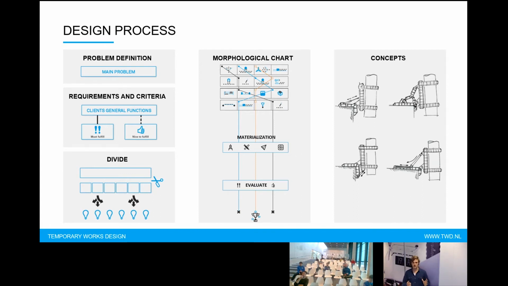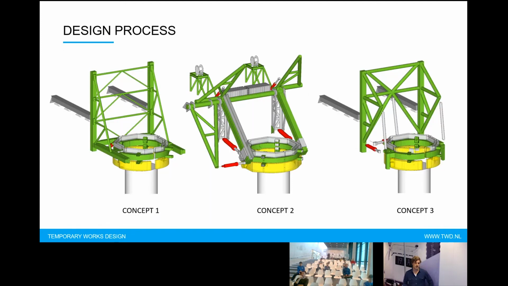So there is a lot of different sub-problems that are tackled. And in order to come to the best solution, we always come up with several concepts. As you see on the top right, there's various ways of making a hinge, clamping, and also actuation in terms of cylinders. So that's something we discuss internally and then also share with the client in order to come to the best method.